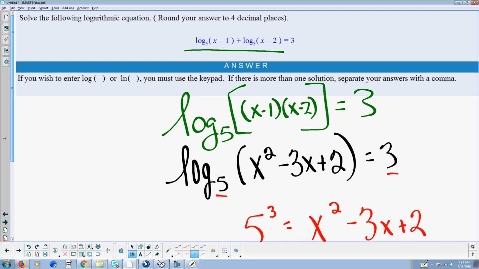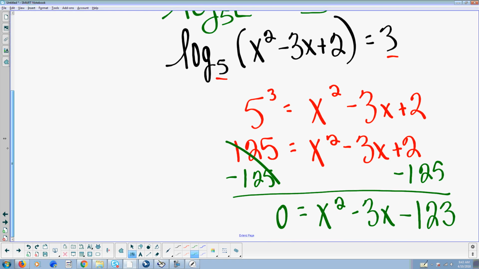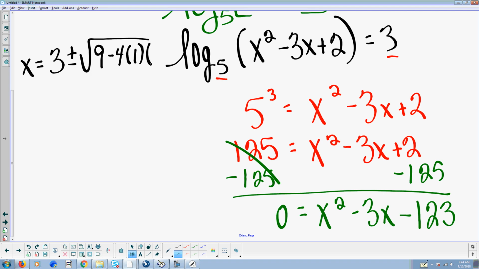Okay, did this say to round? It says round to 4 decimal places. So, yay, I get to use the quadratic formula here. It's going to be a decimal. Okay, so now I'm going to use the quadratic formula and say x equals negative b, that's going to be negative 3, or 3, plus or minus radical b squared, that's going to be negative 3 squared, or 9, minus 4 times a times c, all over 2 times 1 is 2.